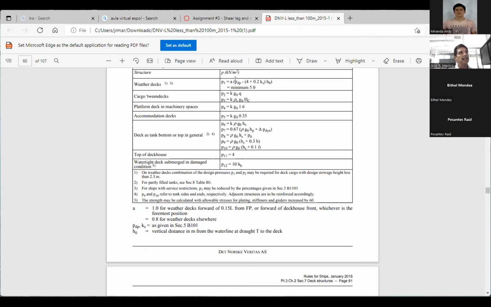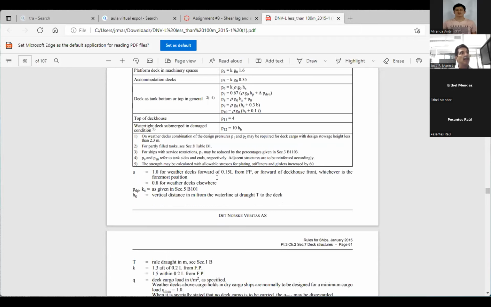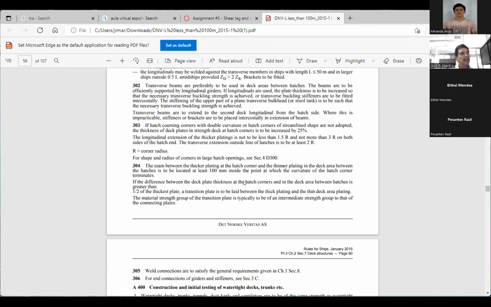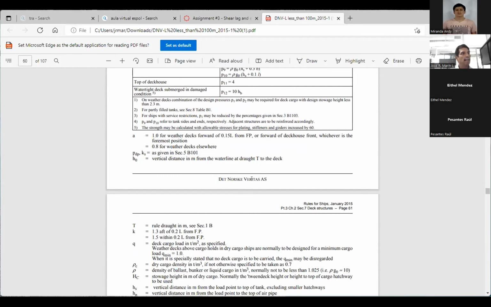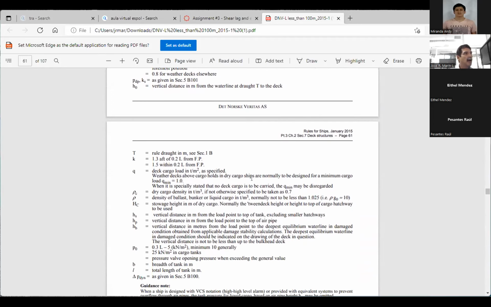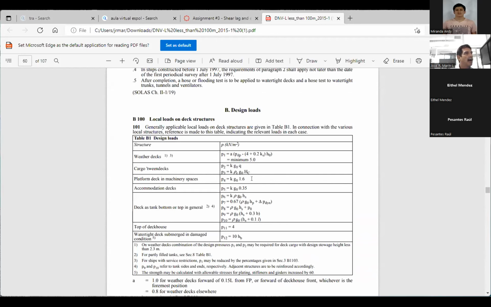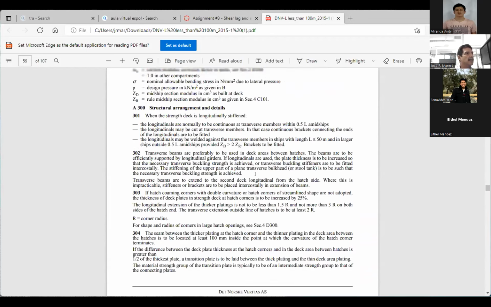The next term is P sub dP. P of dP is as given in section 5, B101. So let's go to section 5, B101. This is section 7, we want to go upward.